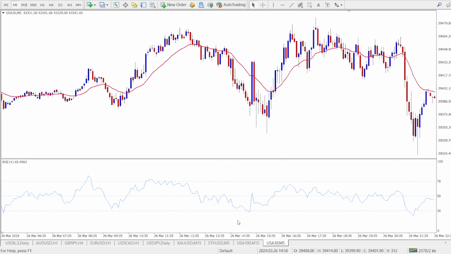So I want to combine that with price action, and you will know when to get in and when to get out.